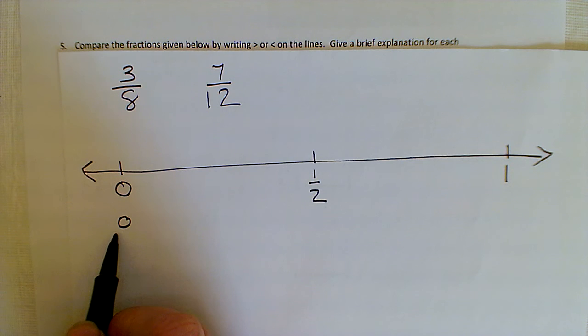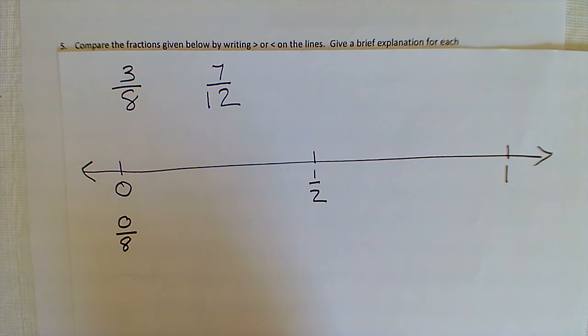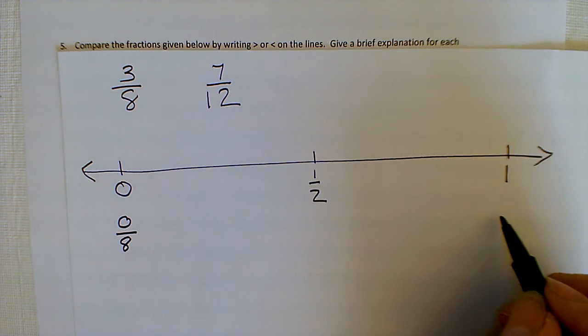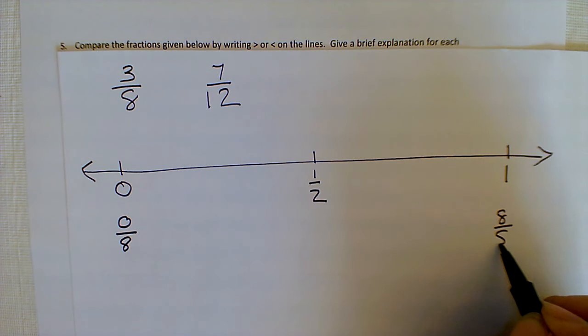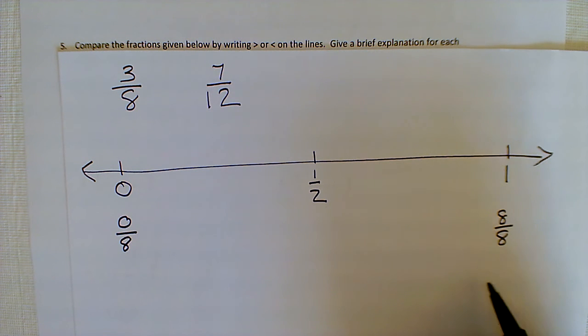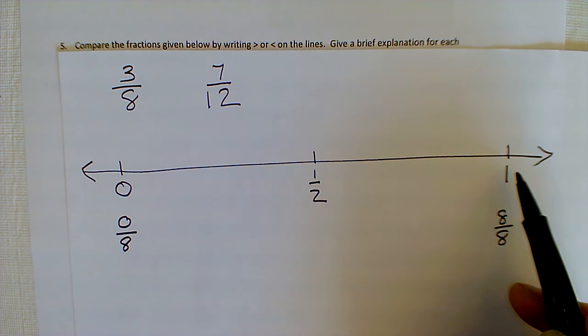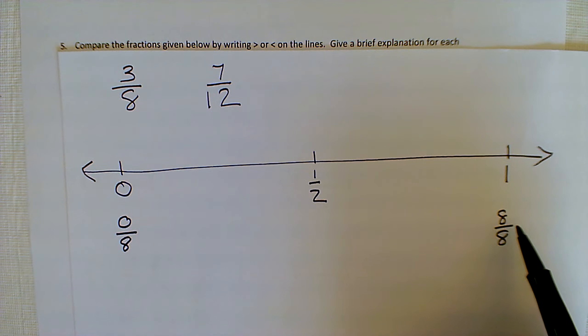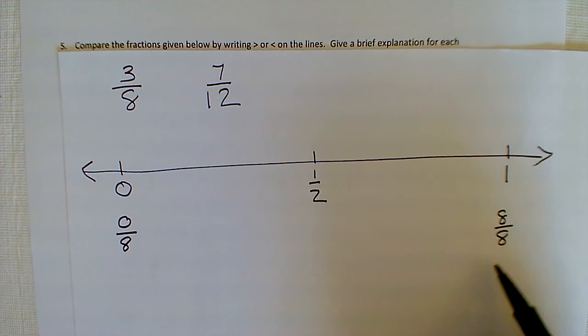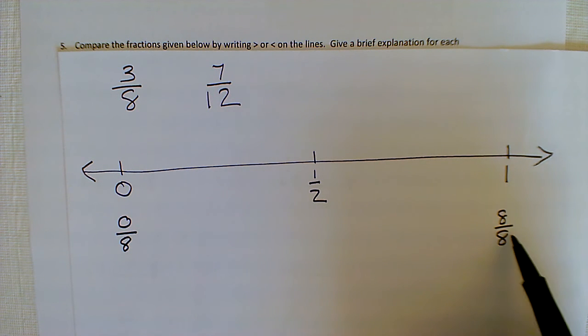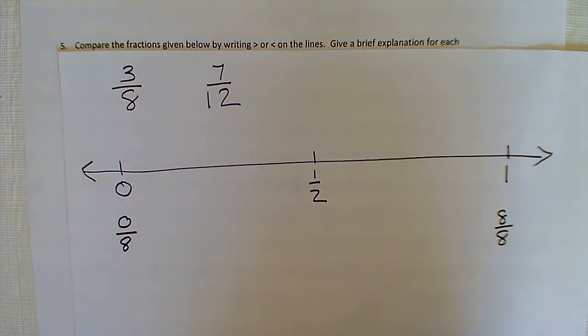So if I rewrote 0 as 8ths, I would have 0/8. If I rewrote 1 as 8ths, I would have 8/8, because remember, when my numerator and denominator match, it's just equal to 1 whole. Think of that cake. If I cut it into 8 slices, but I have all 8 slices, then that's equal to 1 whole. Denominator is the number of pieces that make up a whole. 8 is the number of pieces that you have.